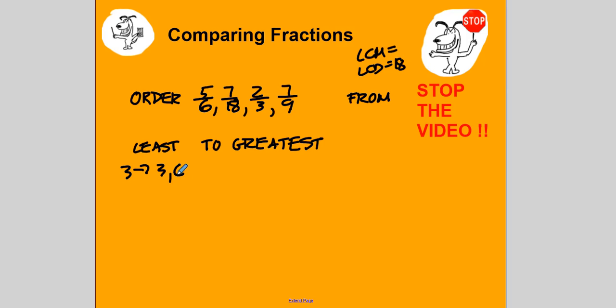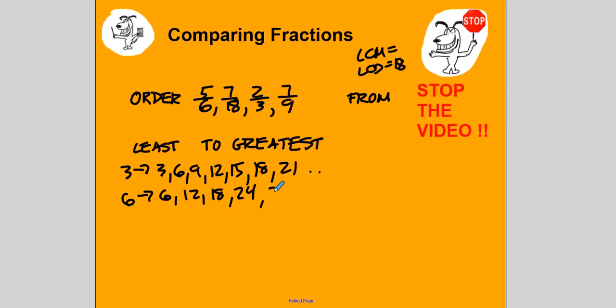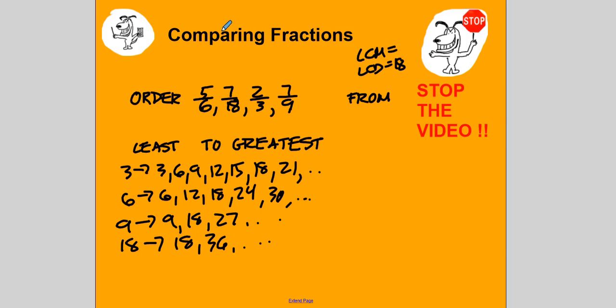That's 3, 6, 9, 12, 15, 18, 21, etc. Then 6 is 6, 12, 18, 24, 30, etc. Then 9 is going to be 9, 18, 27, etc. And 18 is 18, 36, etc. But notice 18 is our least common multiple there. So that's our least common denominator.